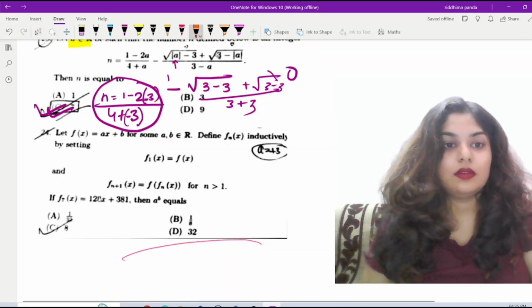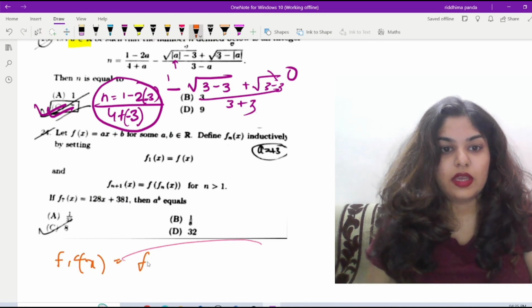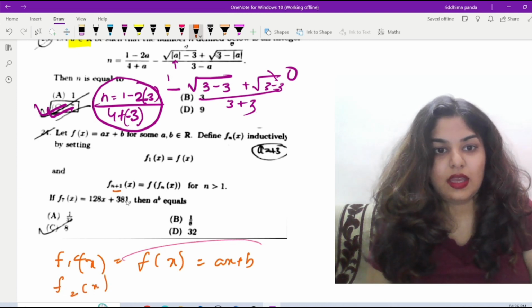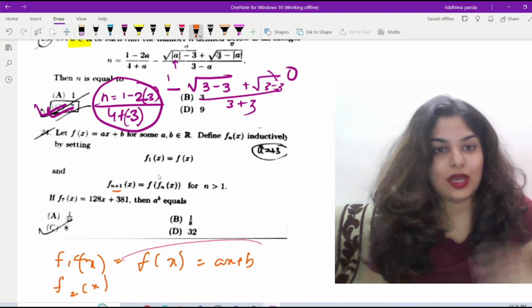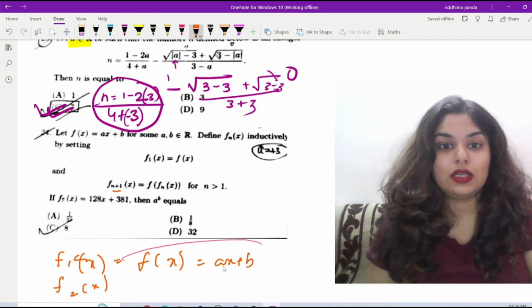From the question, f_1(x) is equal to f(x), which is given by ax plus b. So f_2(x) will be, since f_(n+1)(x) is the function of f_n(x), I have to put the value of f(x) here.